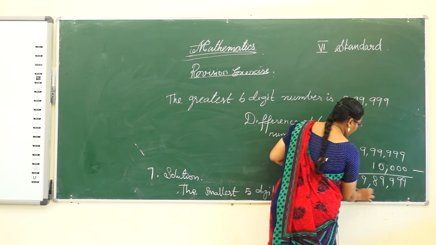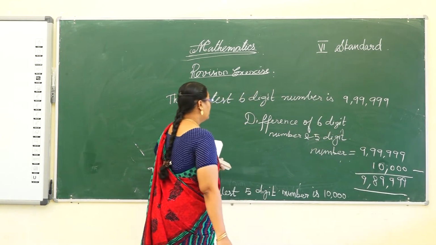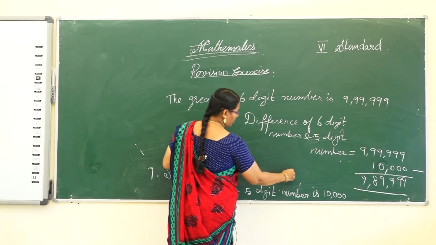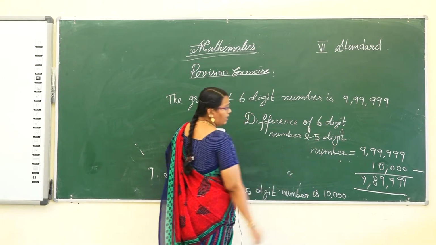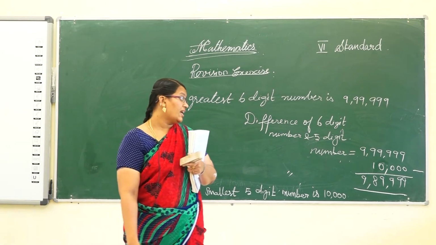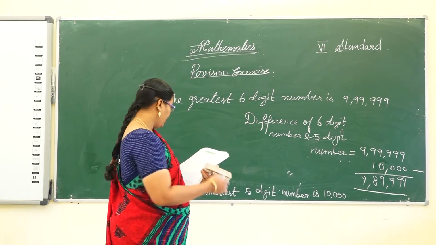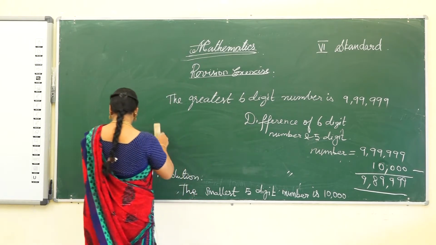So the difference of the 6-digit number and the 5-digit number is 8,99,999. Okay. And next problem, 10th one.